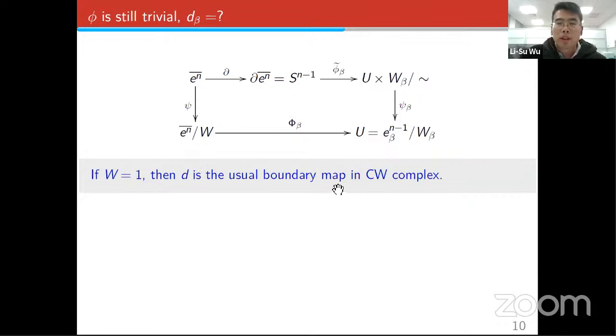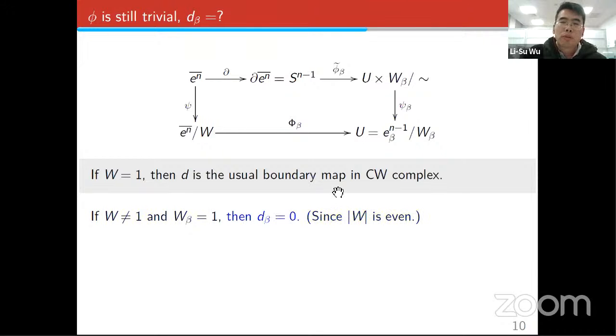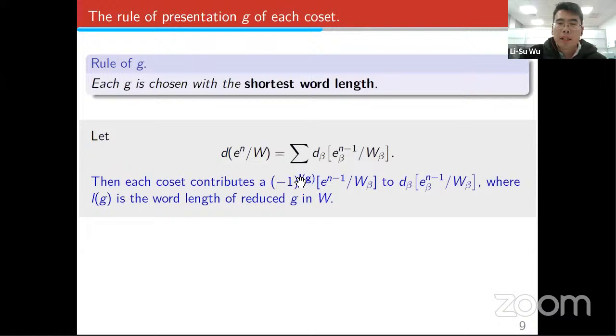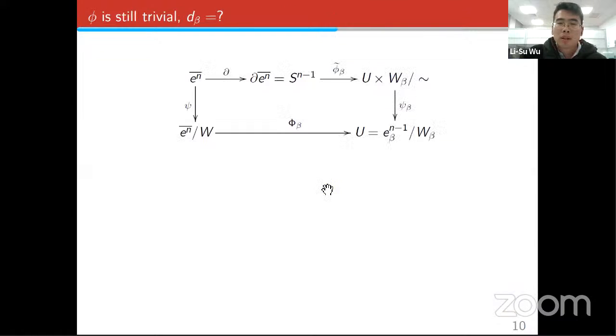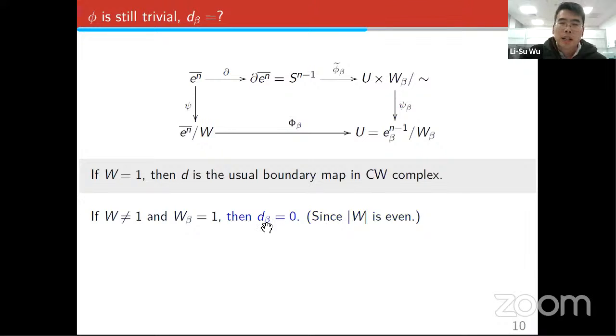So this is just the Euler boundary map in a CW complex. And if this is a singular Coxeter cell and the boundary is a trivial cell, then since the order of all finite Coxeter groups is even, the (-1)^{l(g)} terms are paired off, so d_beta equals 0.